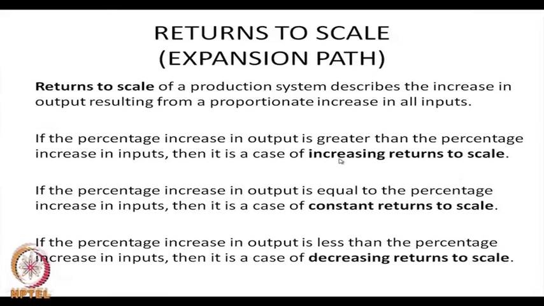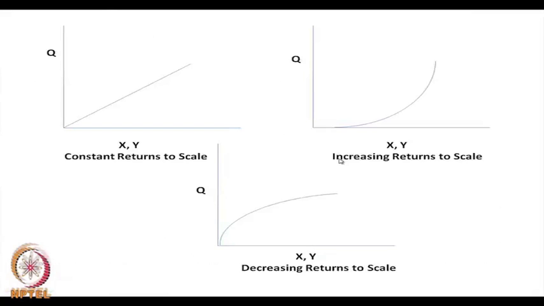Now, this returns to scale can be described in different ways. Firstly, graphically. Graphically, this is our expansion path for constant returns to scale. That means, if x and y are given equal percent change, then q rises in the same proportion.